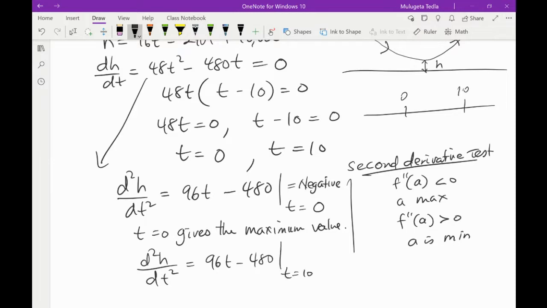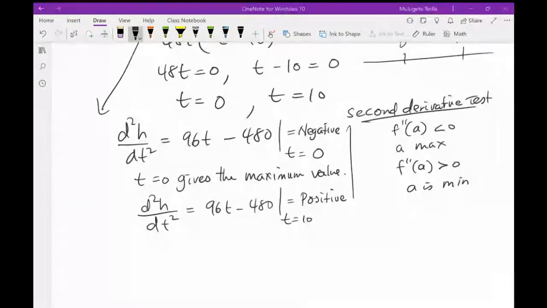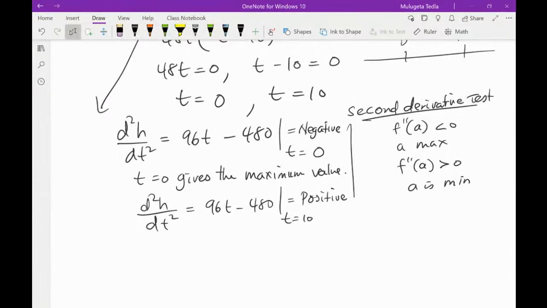The second critical number is t equal to 10. When I plug 10 there, it's 960 minus 480, which is positive 480, which is positive, so it is a minimum. Therefore, by this guideline, t equal to 10 gives the minimum value.